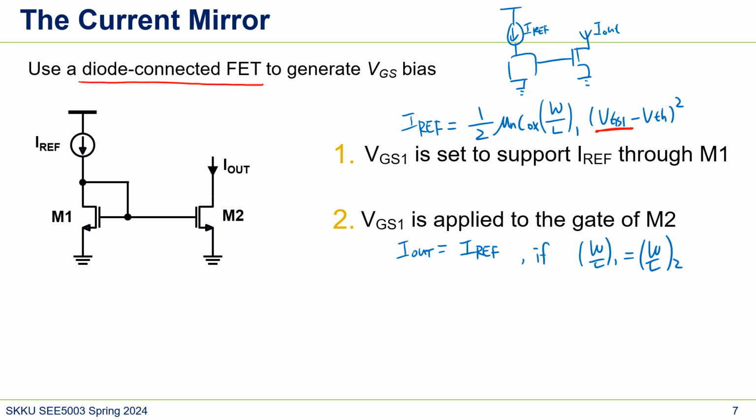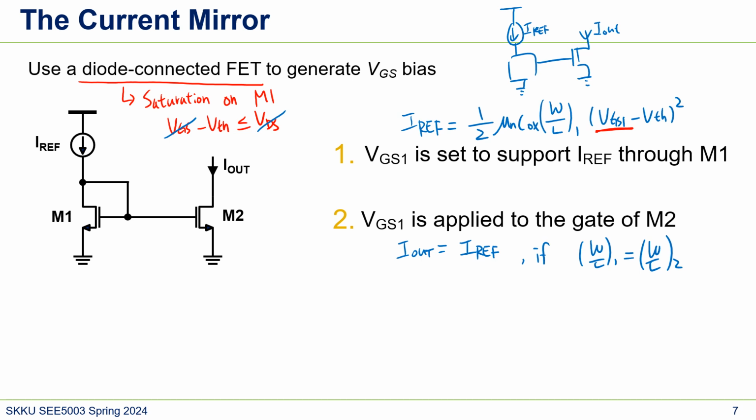Diode connected, so it guarantees the saturation of M1, right? Because the saturation condition is VGS minus VTH should be smaller than VDS, right? But for the diode connection, this VGS and VDS are the same, so this equation is always met.